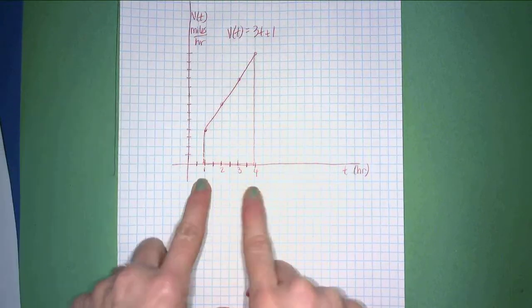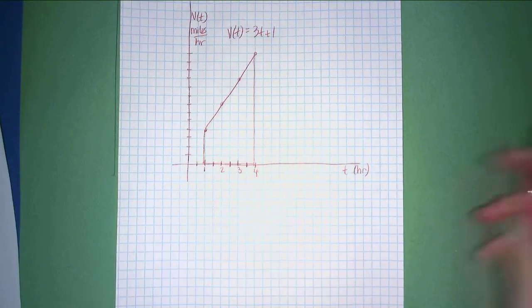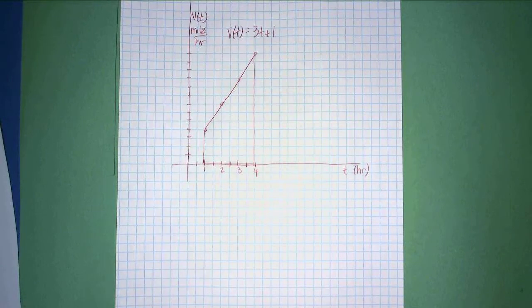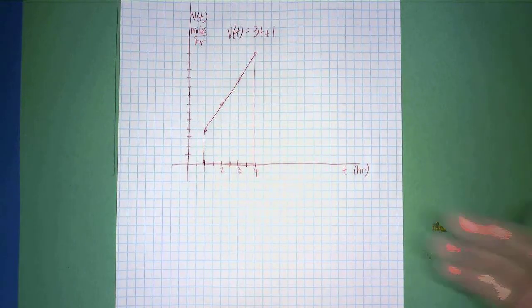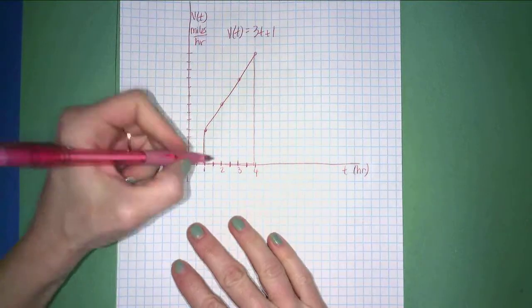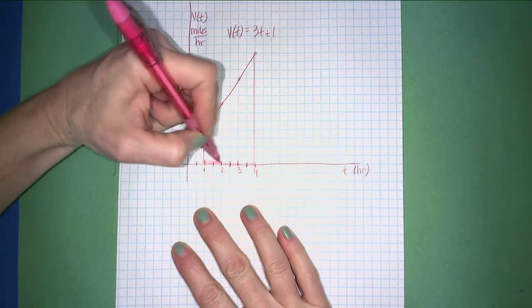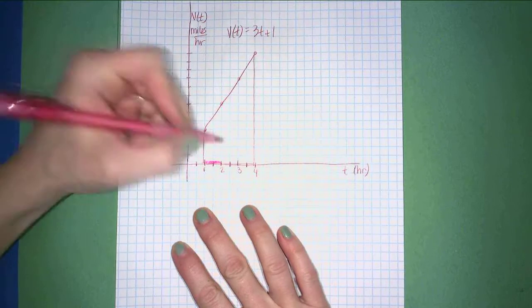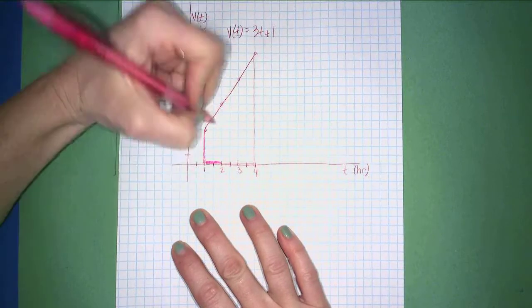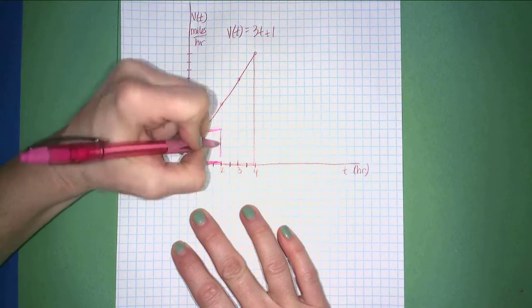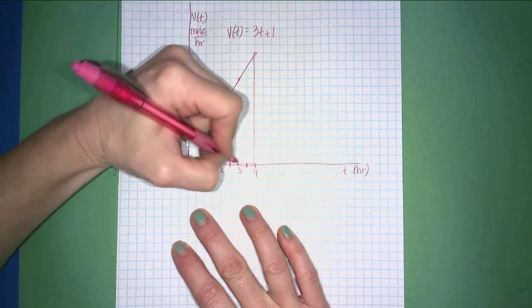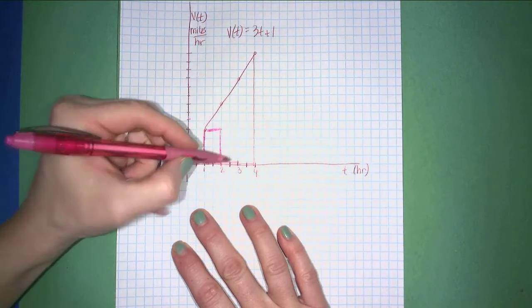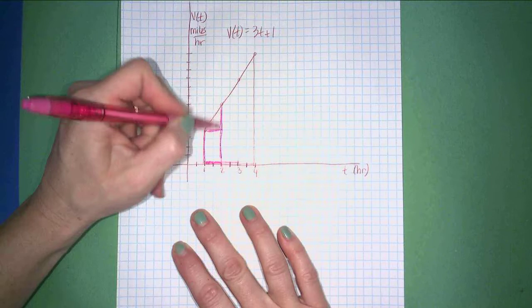Okay, if I were to use, let's say, a left-hand rectangle approximation from 1 to 4, it might look something like this. Between 1 and 2, I would have my first base. I would pull up on the 1, come straight across, and down. Then from 2 to 3, I would come straight up on the 2, the left side of the interval, cross and down.